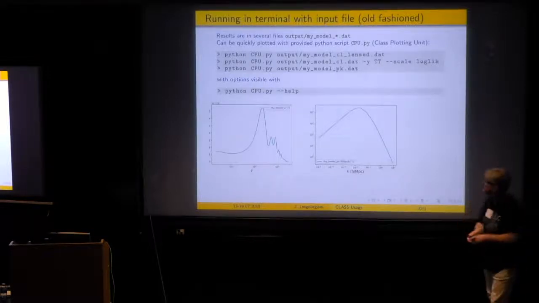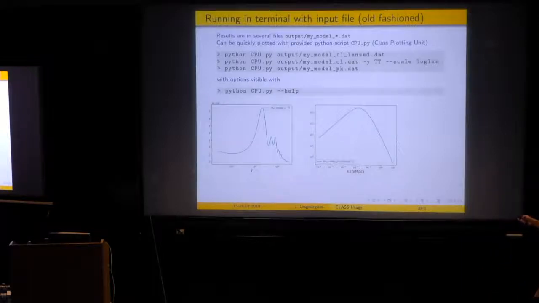So if you have 2 files, pk.dat for 2 models, their k values will be different. But if you do python cpu.py first name, second name -r, it will interpolate one spectrum on the k values of the first one in order to give you a ratio.